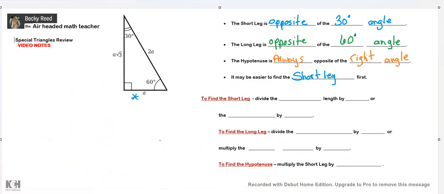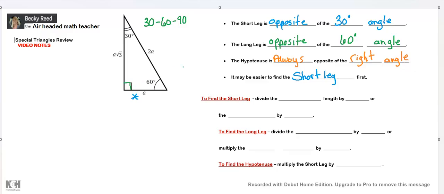Okay, next up is this wonderful 30, 60, 90. Let's write that down. It's a 30, 60, 90 triangle because it has a 30 degree angle, an angle that's 60 degrees, and then, of course, our lovely right angle, which is 90 degrees.